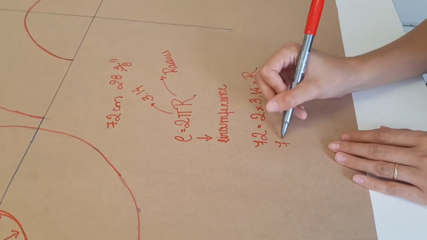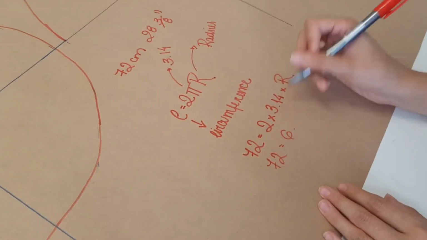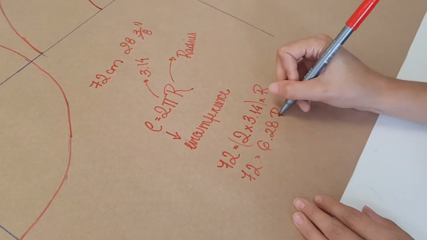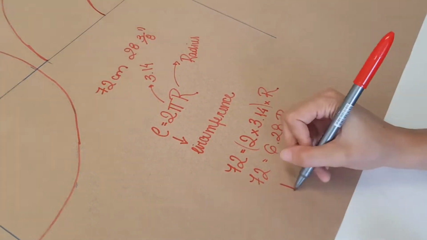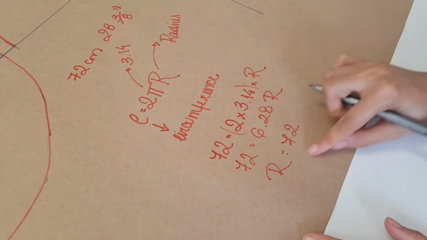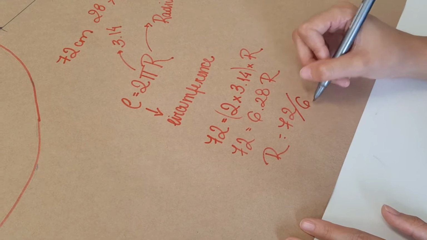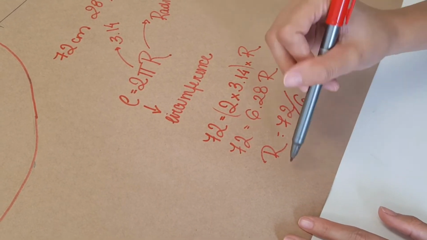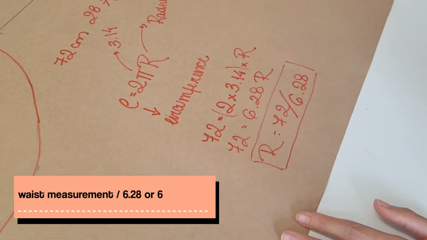I'll make it like this. 72, 6.28, because I already did that, radius. So the radius is 72 centimeters, that is my waist, divided by 6.28. This is how I find the radius of my full circle skirt.